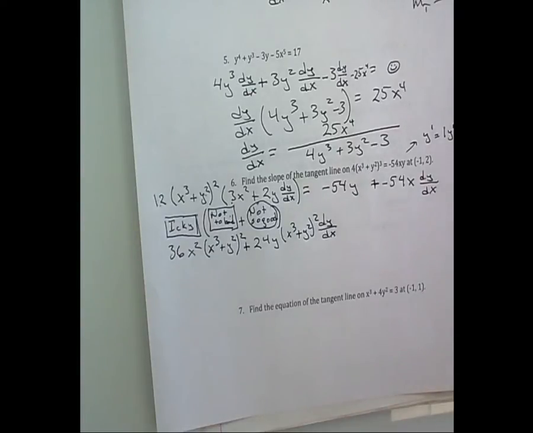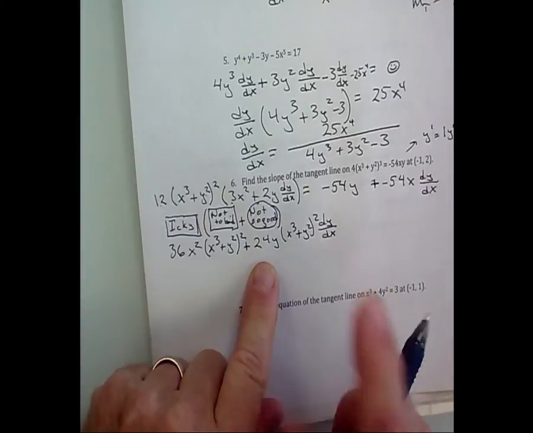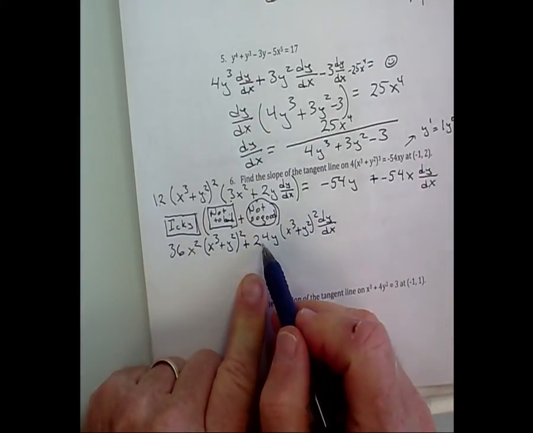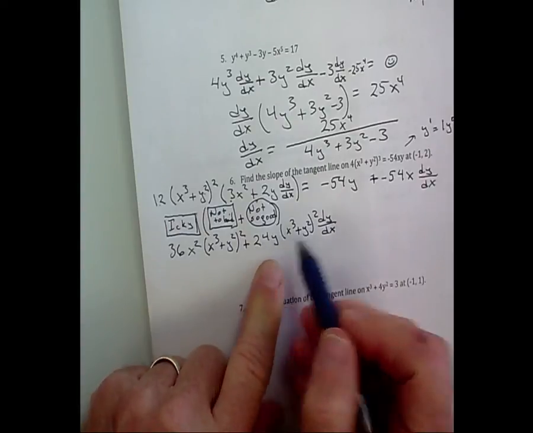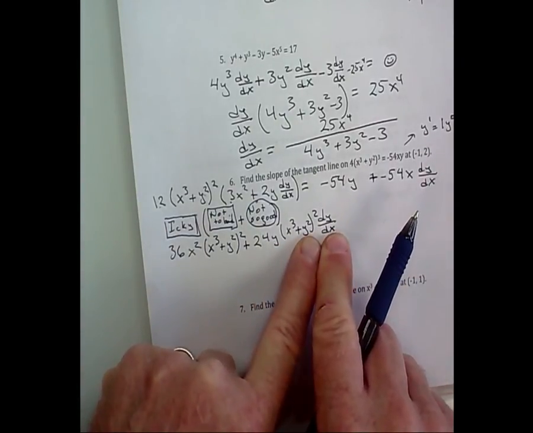Okay, because my end game is this term, this is all one complete term, right? It would have been, Jack would say it's 24 times y times this quantity times dy dx. Even though it's a whole bunch, it's like a knot, right?